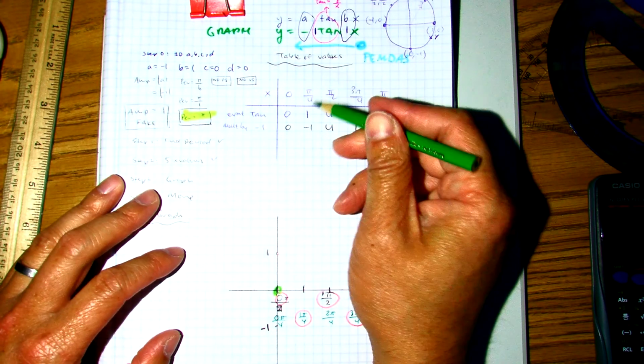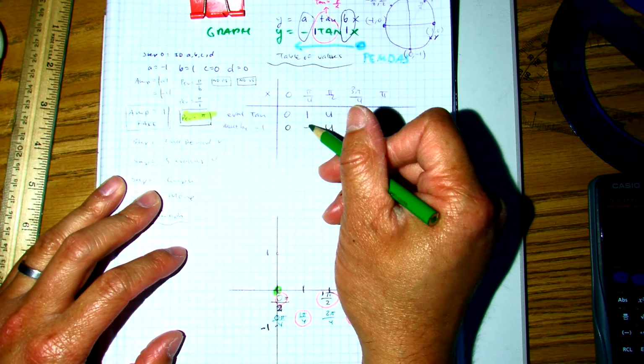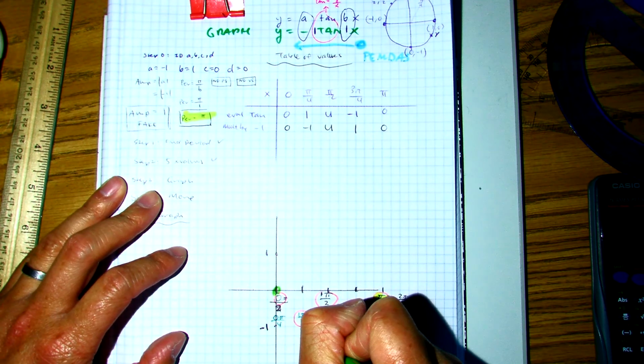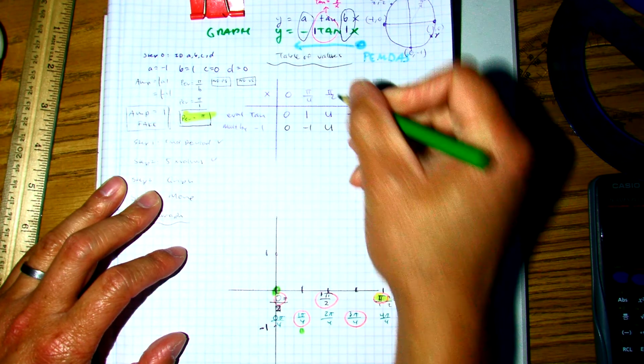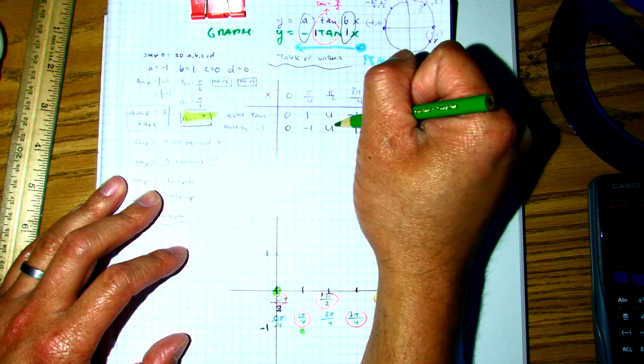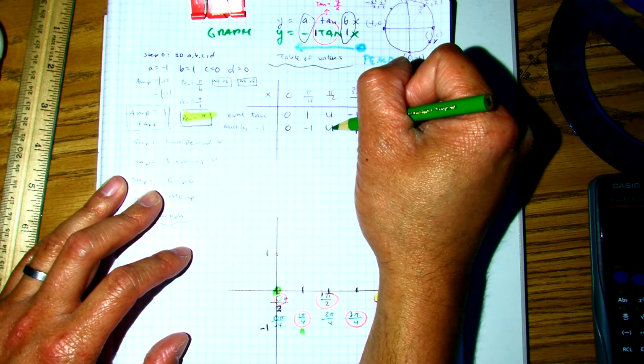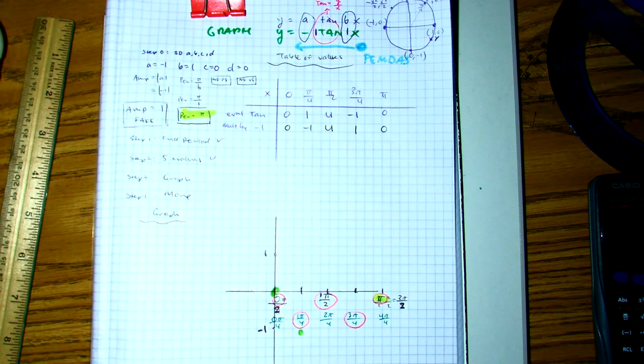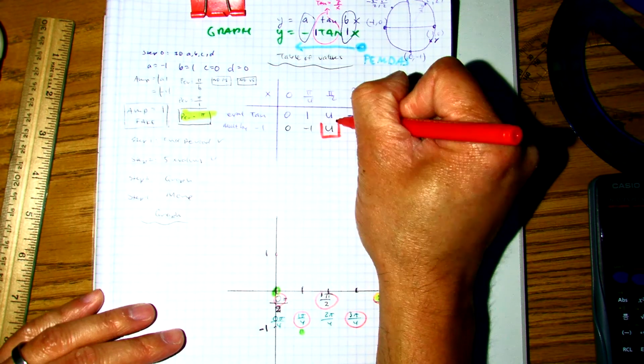Alright, pi over 4 is at negative 1. Okay, pi over 2 is undefined. Back in August, when we said something was undefined, what did it look like? Yeah, it was a vertical asymptote.